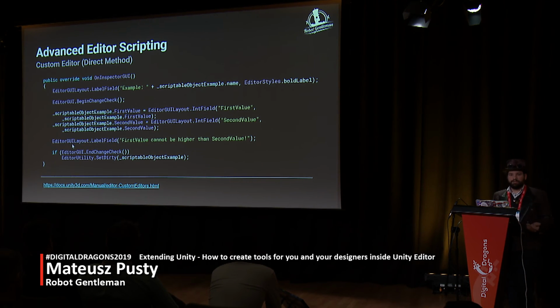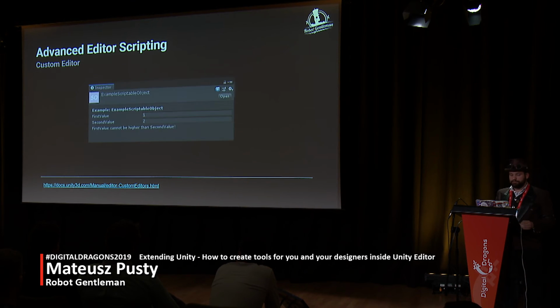We are also displaying some information for our designers, for example, that they can't use higher numbers than second value in first value. And when we've stopped looking for changes and there was some change, we are telling Unity that it should update its serialization.